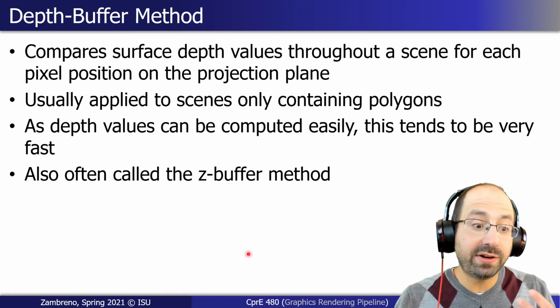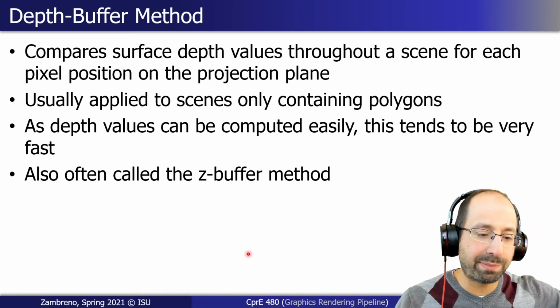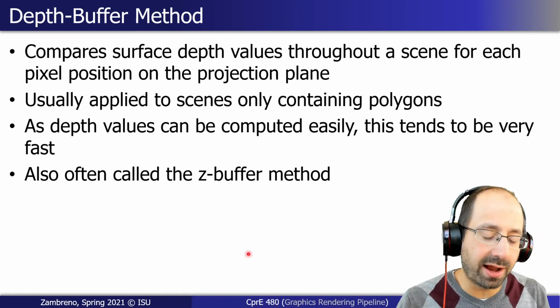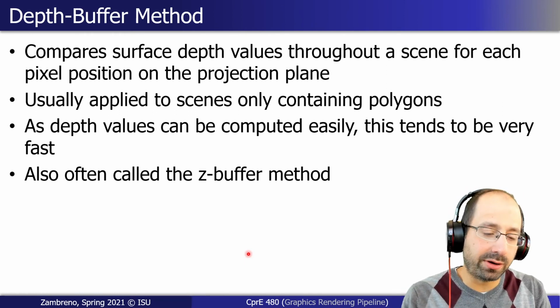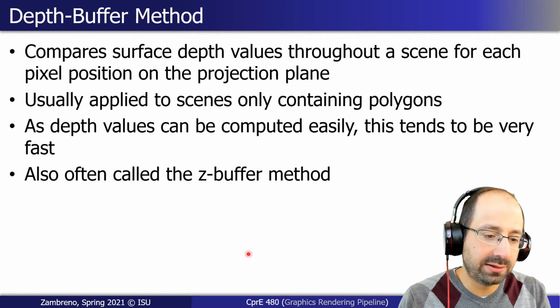That has some definite advantages over the painter's method or the depth sorting method. First off, there's no sorting going on. Let's draw everything in any order, and we should get the exact same result because we have that depth information.